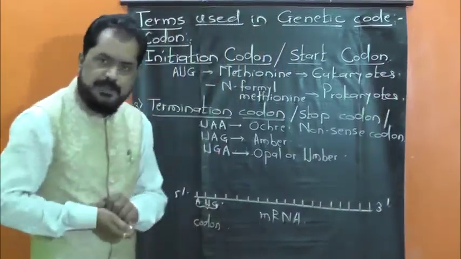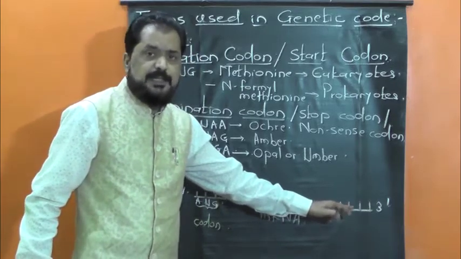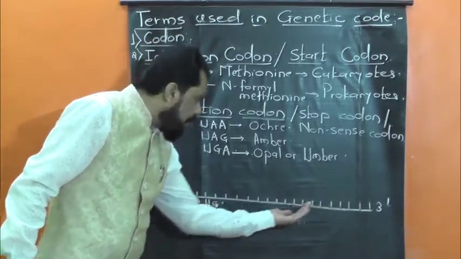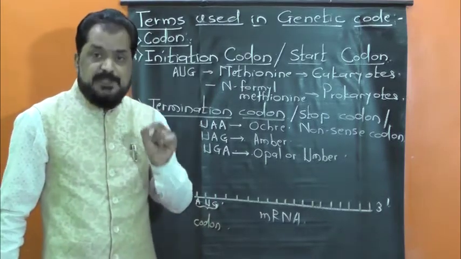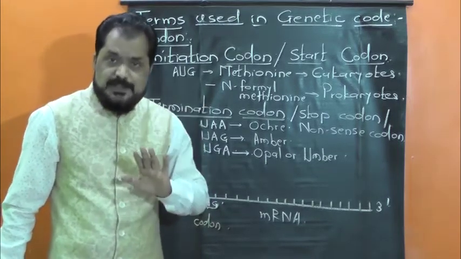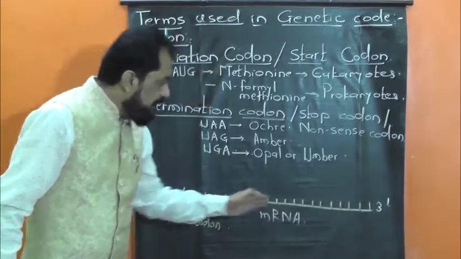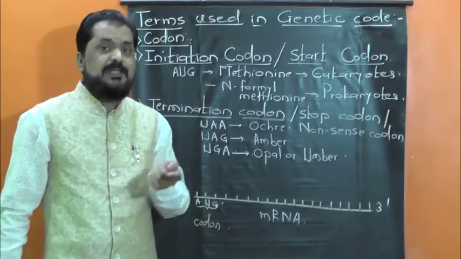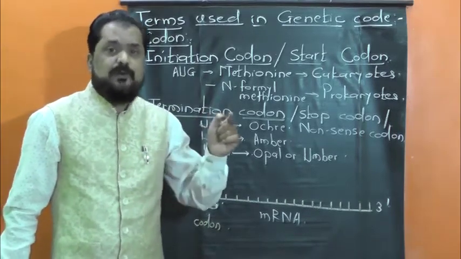On the other hand, except the termination codon at the 3' end, all other codons of messenger RNA specify different amino acids, so the remaining codons are known as sense codons because they carry information for amino acids.